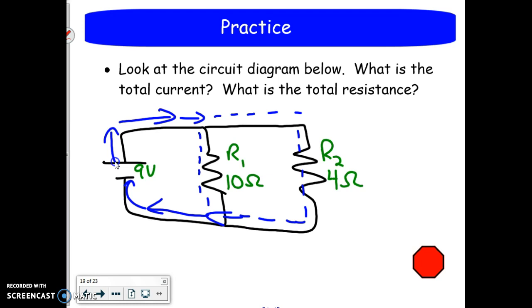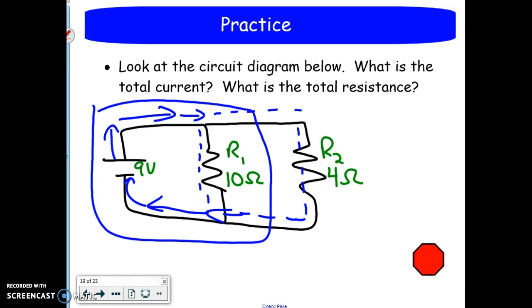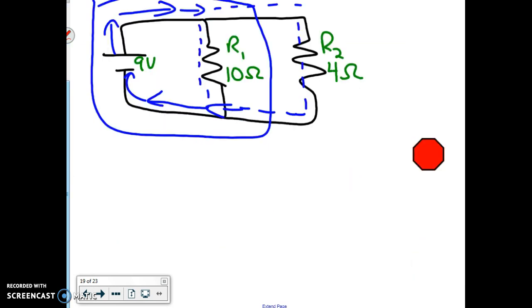But the electrons will look at the actual resistors. If you focus on this part right here, the voltage is going to be 9. The resistance for this particular part is going to be 10. So if you look at the equation for Ohm's law, V equals IR, in this case 9 equals I times 10.